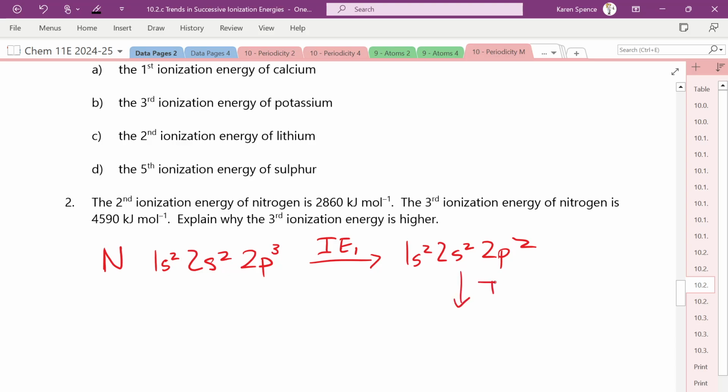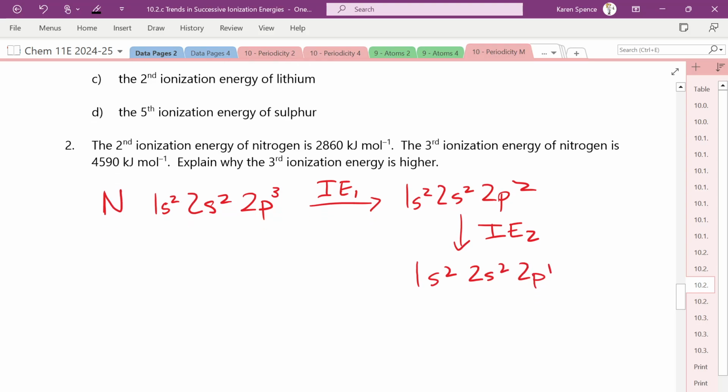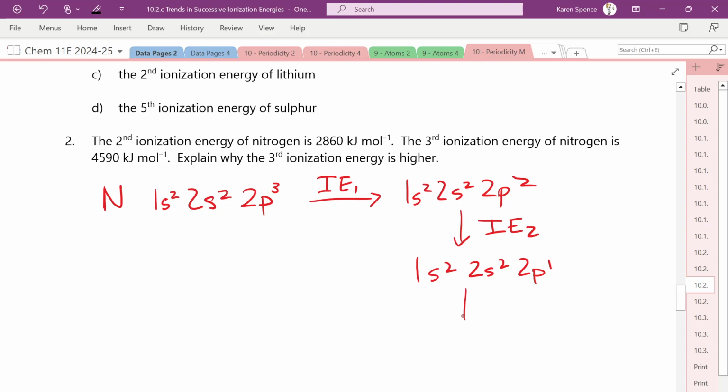Second ionization energy will take us to 1s2, 2s2, 2p1. And the third ionization energy will take us to 1s2, 2s, 2p0. Okay.